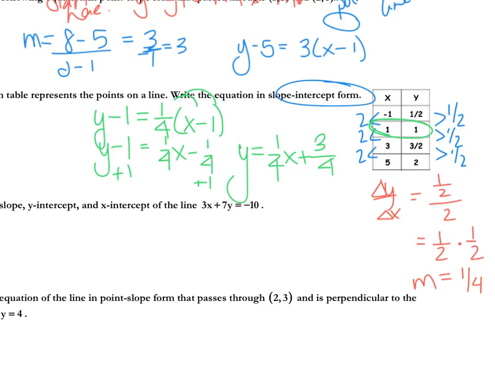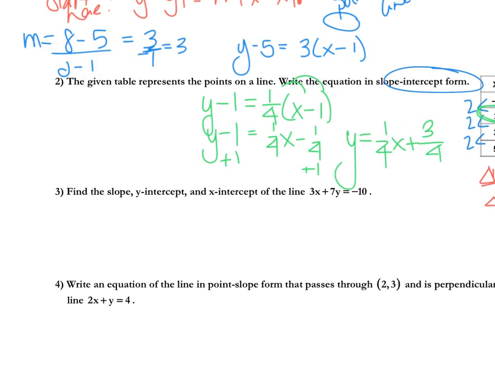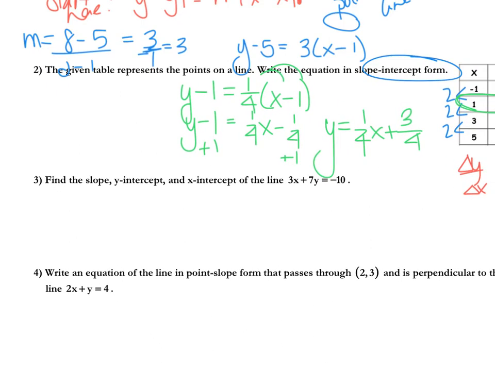But anyways, with a dollar, if you have a negative 25 cents and then you add a full dollar, that's going to give you a positive 75 cents, which is 3/4. Okay. All right. The next problem asks us to find the slope, the y-intercept, and the x-intercept of the following line. So to find the x-intercept, we plug in 0 for y.